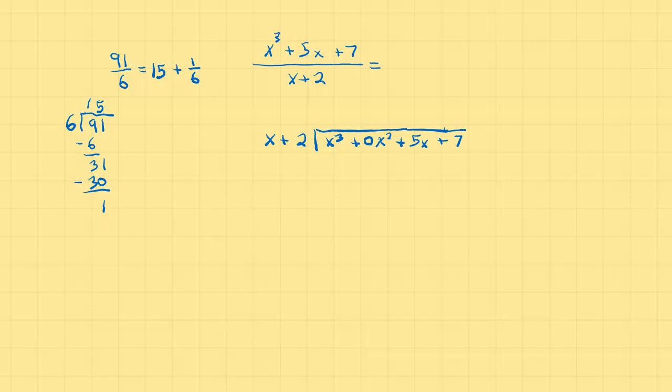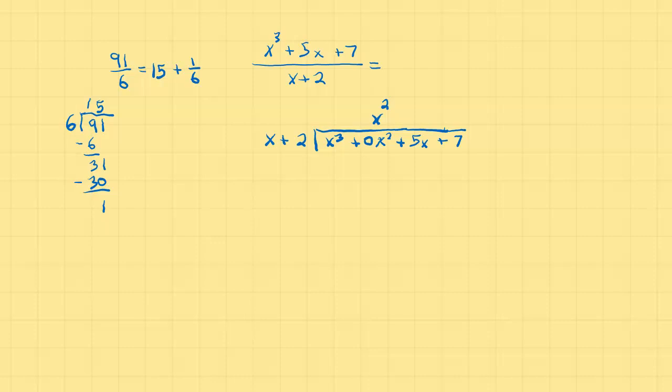Okay, so now let's do polynomial long division. The way you do that is you look at the x on the left here from x plus 2. You look at the x and you look at x to the third under the division symbol. So x goes into x cubed, x squared times. Now I'm putting the x squared on top of the x squared underneath the division symbol here, just to let you know. So let's go ahead and multiply.